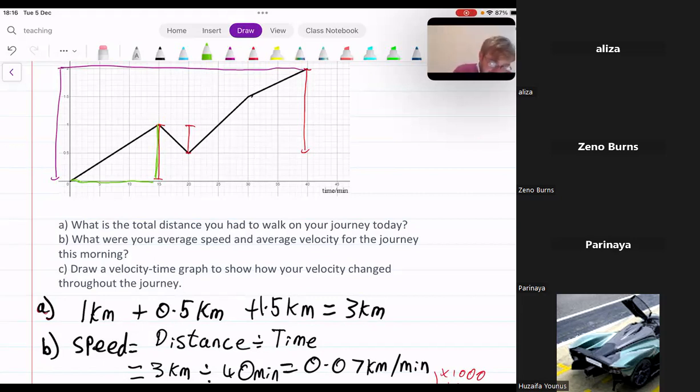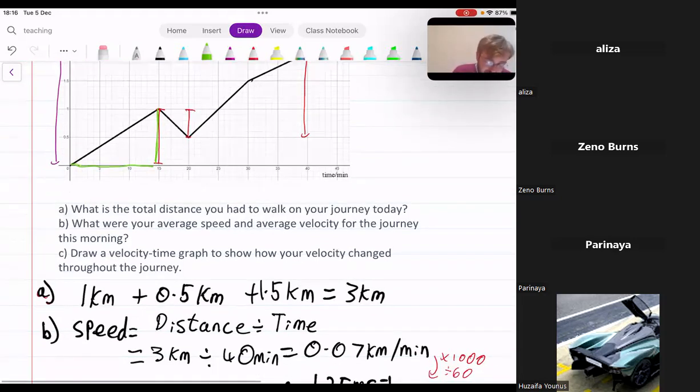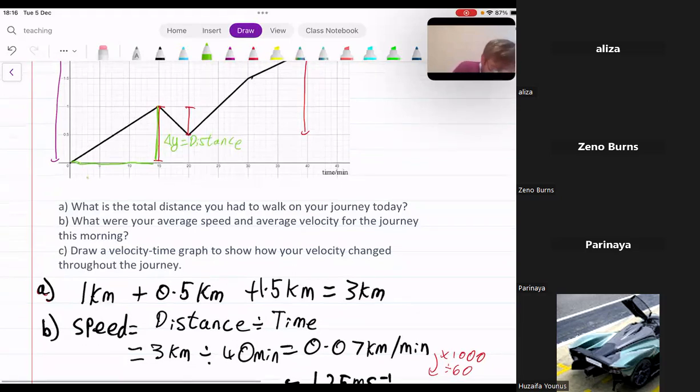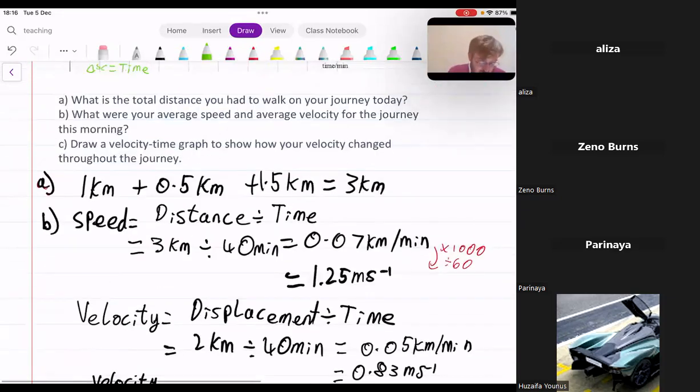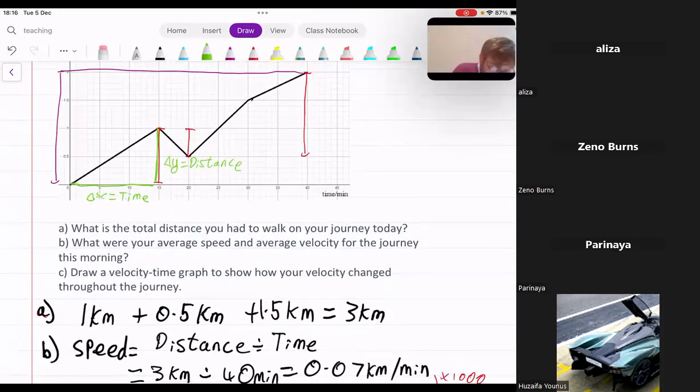But here, the change in y is distance and the change in x is time. So we see that the gradient is just equal to velocity. So let's work out the gradient in each of these sections.